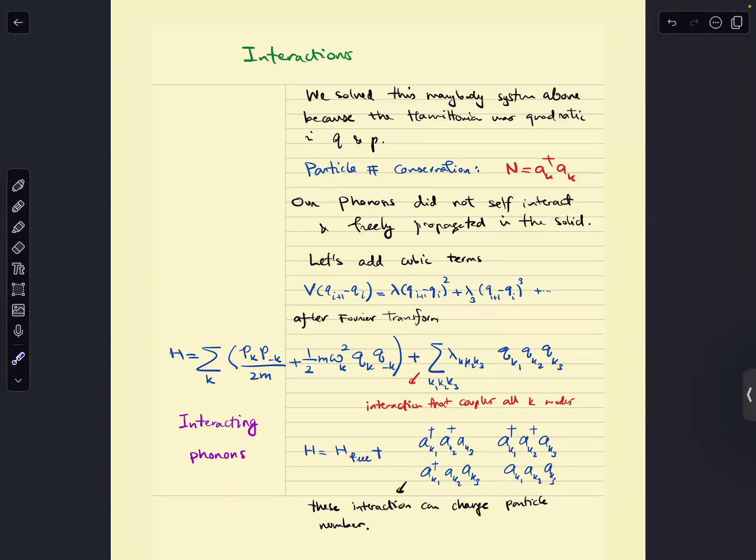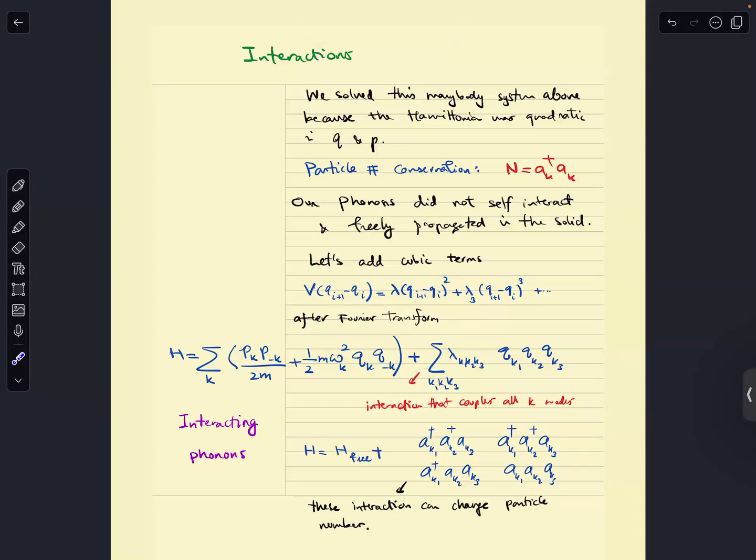This theory had particle number conservation, right? A_k dagger A_k is conserved. It has to do with the fact that the phonons do not self-interact. Our phonons at this level did not self-interact. They propagated freely in the solid. The physics of the system was a bunch of sound waves that propagate freely.